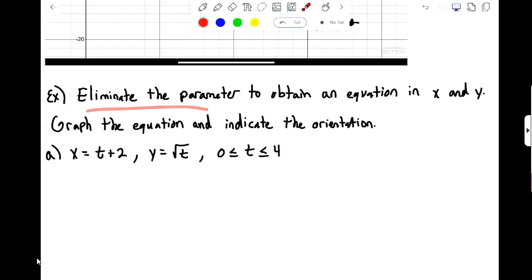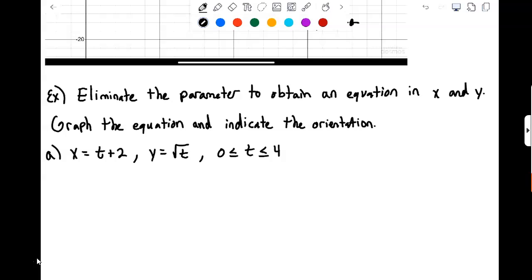We want to make it disappear and actually get an equation in x and y. And then from that equation in x and y, we can try to use some of our knowledge of graphs and functions to come up with a decent graph.